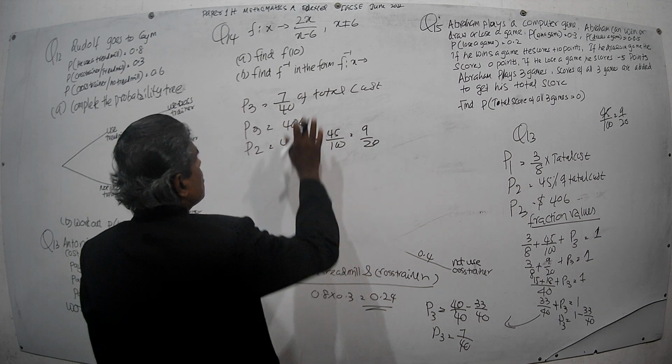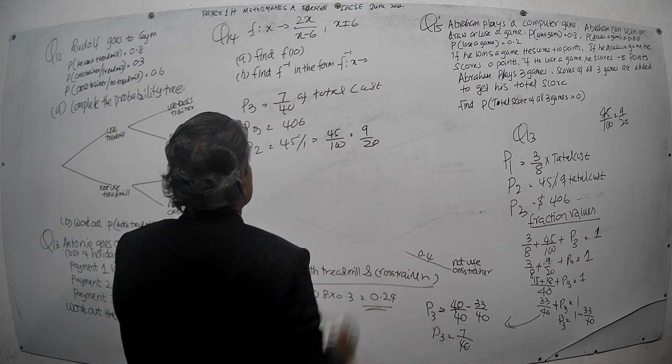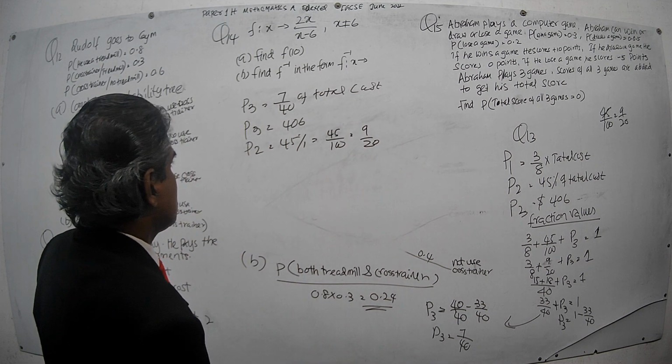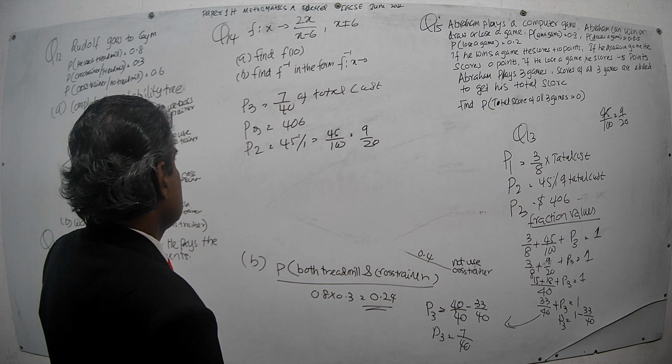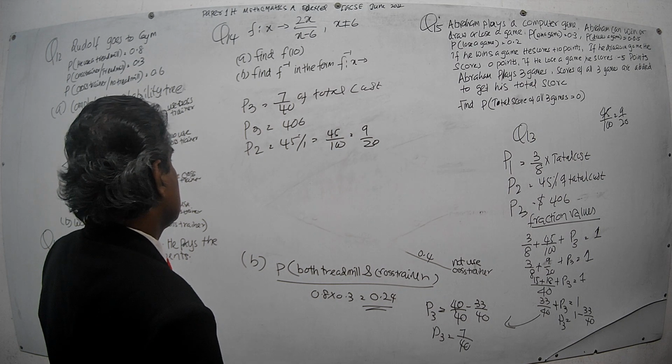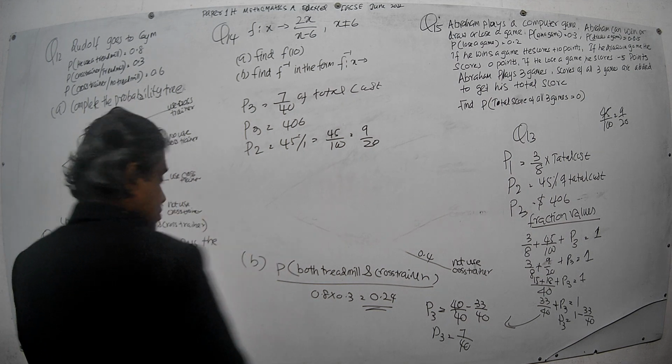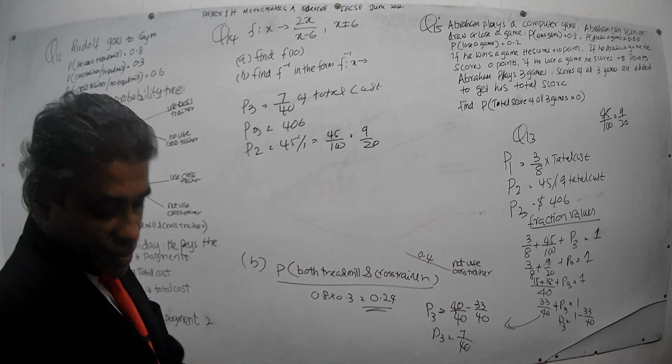We can do that by finding the total cost from this 9 over 20, and yes, we will do that too. The easiest way is that.